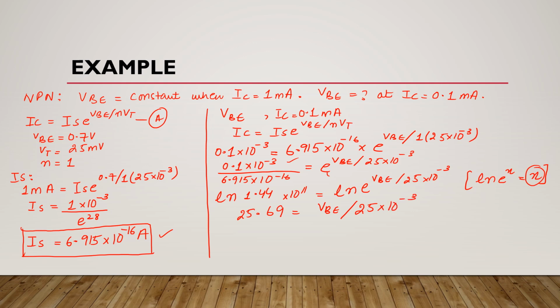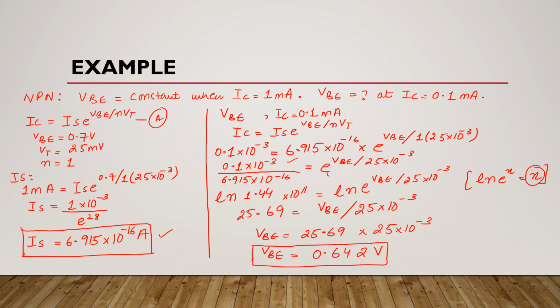Now if we rearrange this equation, we get VBE is equal to 25.69 multiplied by 25 into 10 raised to the power minus 3, and after solving this we will get VBE is equal to 0.642 volts. So this is the value of VBE at IC is equal to 0.1 milliamperes.